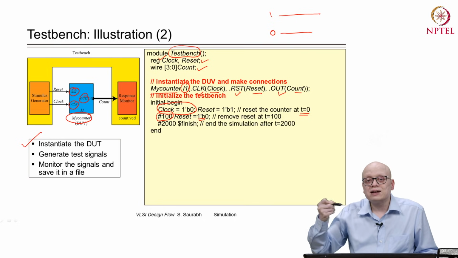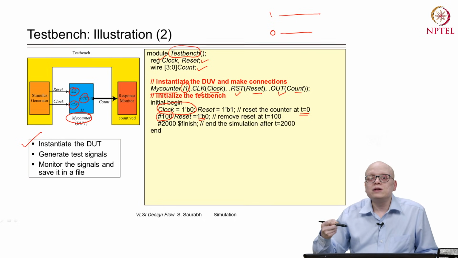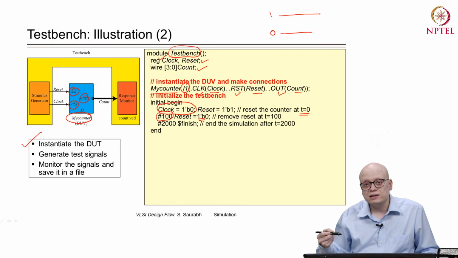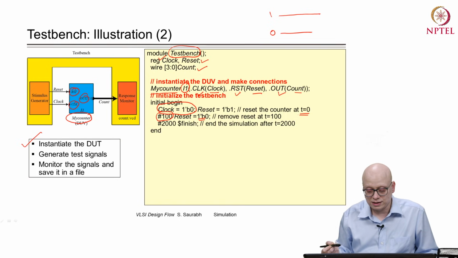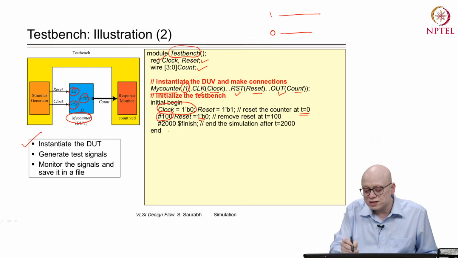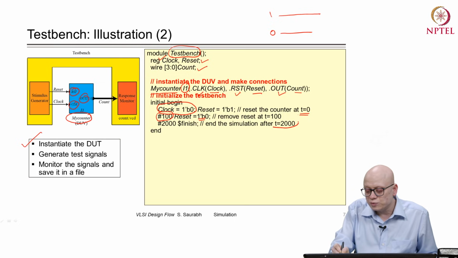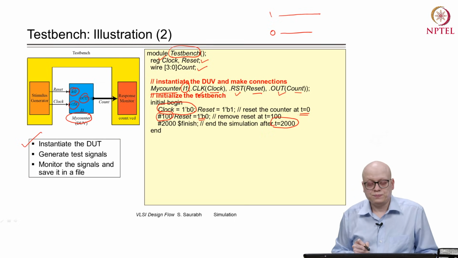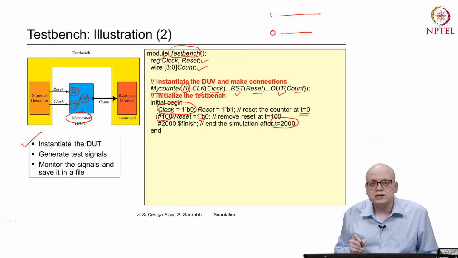Now, when we apply the clock signal, it will be able to count, that is, increment the count. And we say that we want to finish the simulation after a time of 2000 units. So, this is the initialization of the test bench.